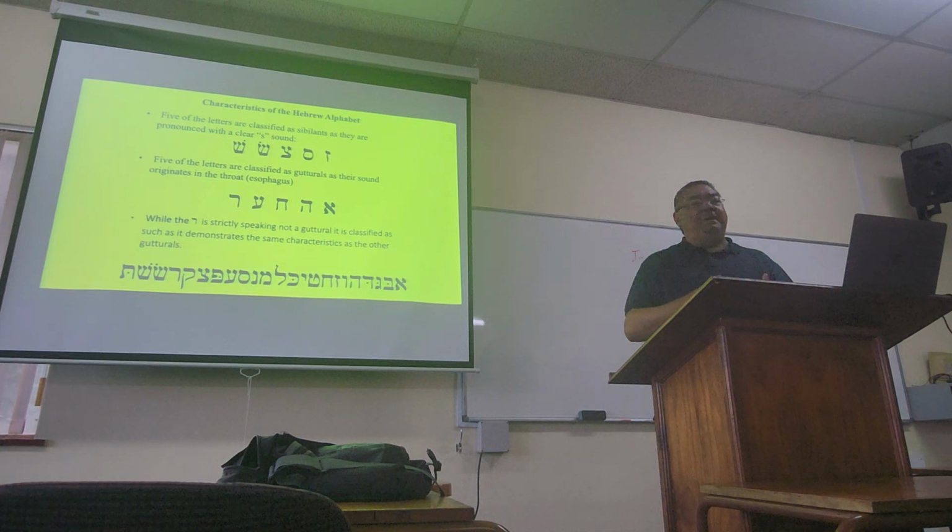Remember, when we transliterate the alphabet, we are trying to find the English equivalent for that Hebrew sound. But there's no English equivalent for what an aleph would have originally sounded like and what an ayin would have originally sounded like. Because even in modern Hebrew, there are silent letters. They are never pronounced, but they have to be there.